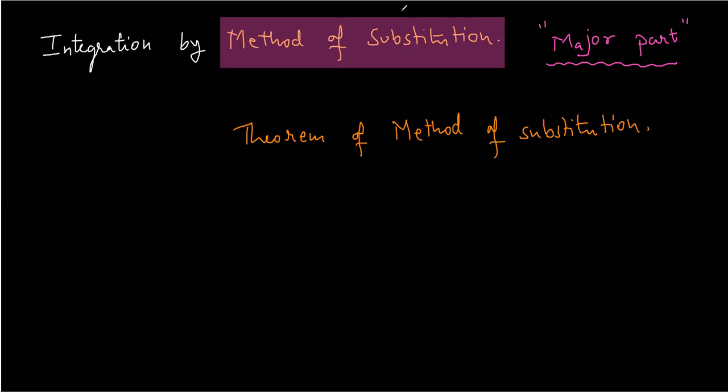This is the main theorem. I have put so many stars because this is a very important part of integration. So in order to understand the whole topic of indefinite integration, it is very important for a student to get a good hold on this particular theorem and the idea behind it.